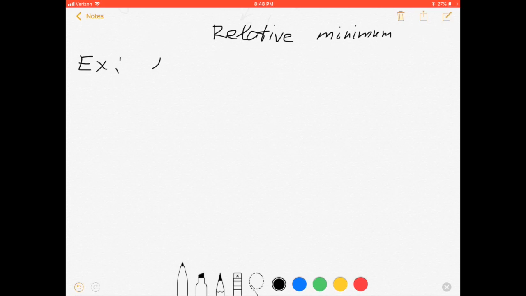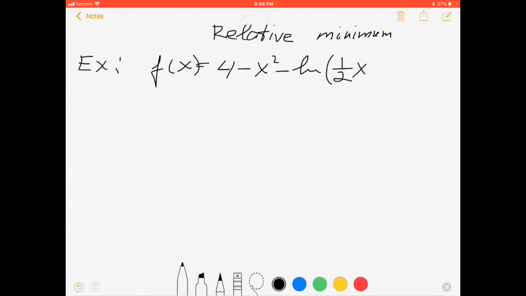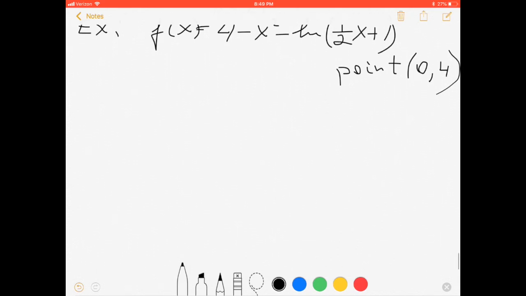Our function is 4 minus x squared minus natural log of (1/2 x plus 1). And we have the point (0, 4), the point where we need to find the tangent line.